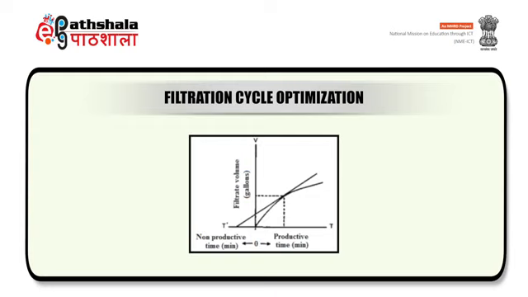Non-productive time T prime is required to clean the filter and replace media. For graphic analysis, non-productive time T prime is plotted to the left of the origin of a volume V versus time curve. When a line is drawn from T prime tangent to the curve, the values of V and T at the point of tangency indicate where the filtration should be stopped.